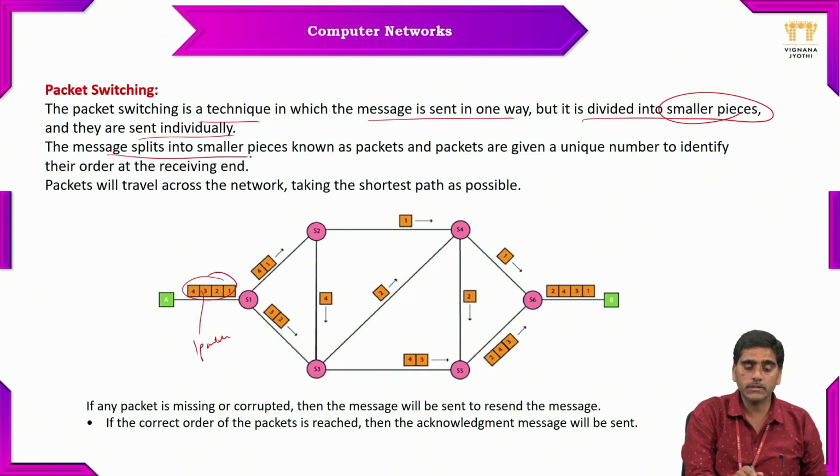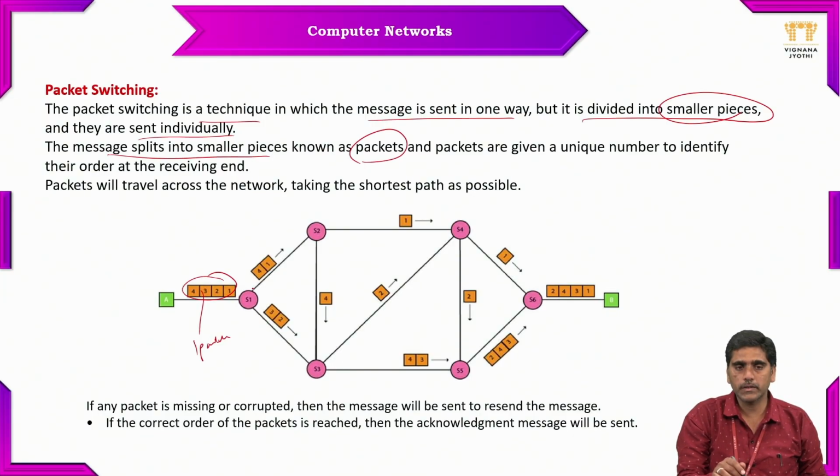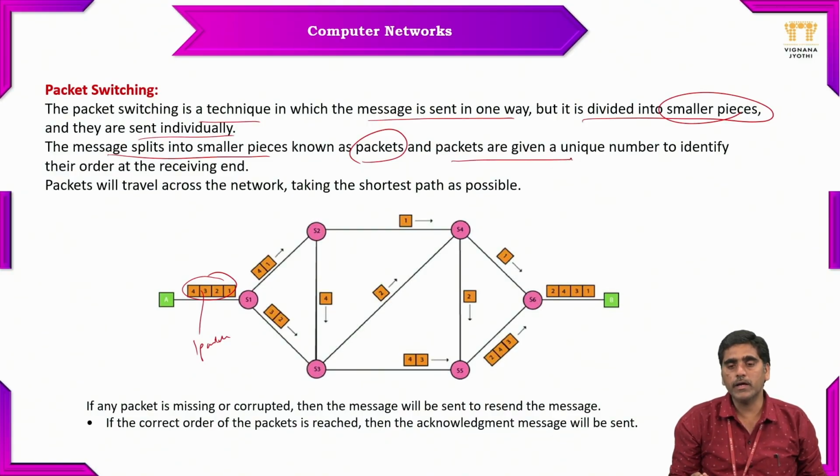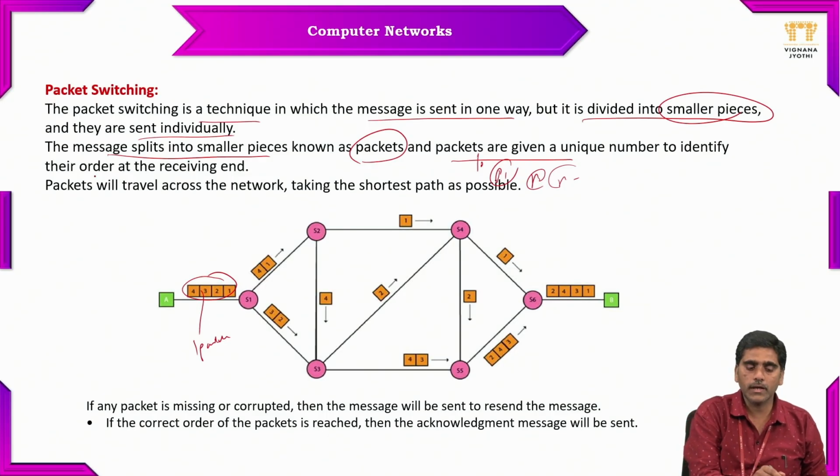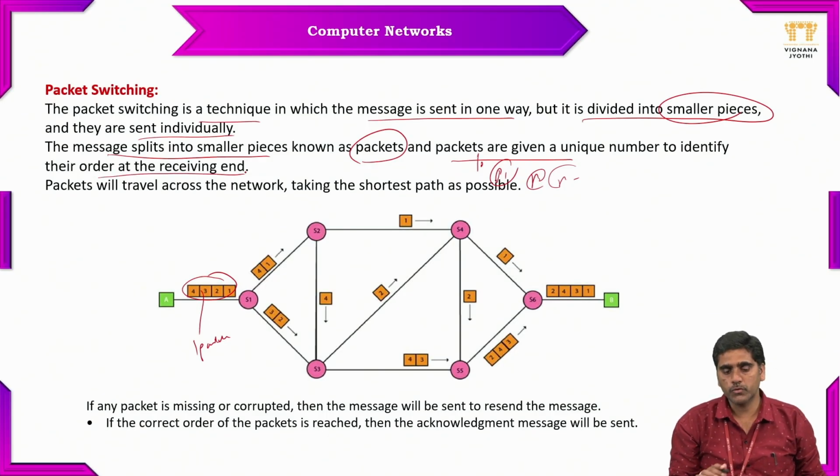The entire message is split into smaller pieces known as packets, and packets are given a unique number. Each and every packet has a separate unique number, P1, P2, P3, like that, a unique ID to identify their order at the receiver end.